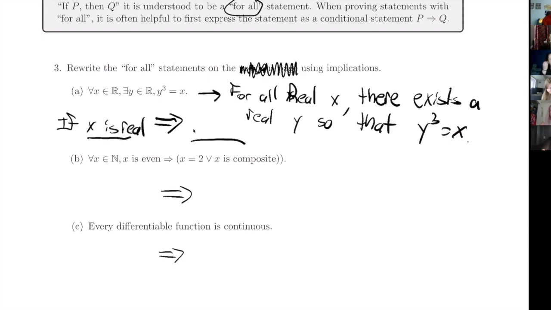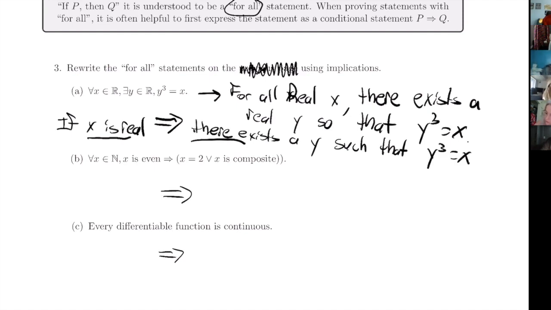So we could say, okay, if x is real, then there exists a y such that cubing y gives me x. And again, that value of y is the cube root of x. So we could prove that statement, but you would want to start by saying, if x is real, we're going to start there and then kind of move towards trying to prove the conclusion.